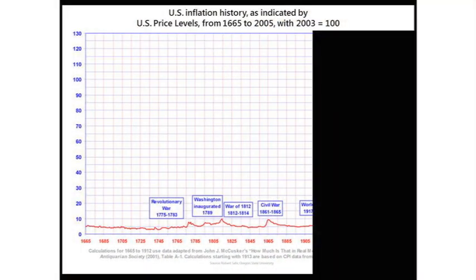We come up to 1913 with yet another attempt at a central banking system. And one of the promises, one of the campaign propaganda of why it was so essential that we must have a central banking system was this. This is a chart of 250 years of history of inflation, starting in 1665 on the far end there.